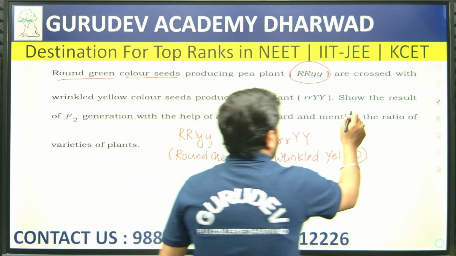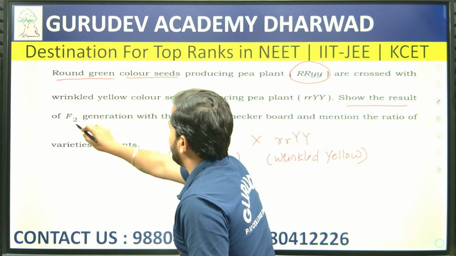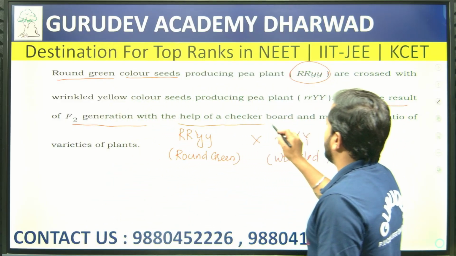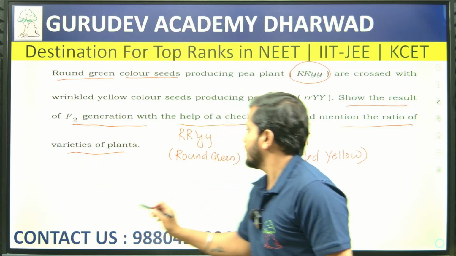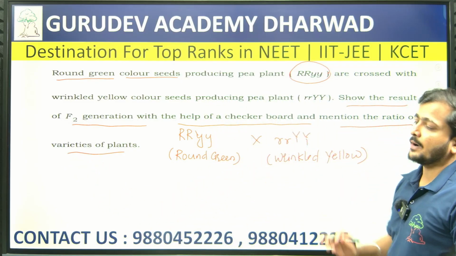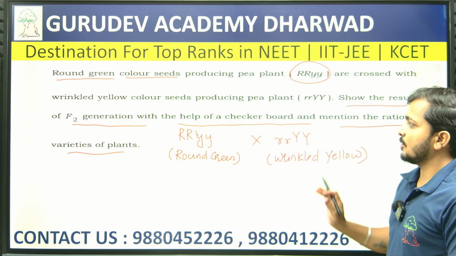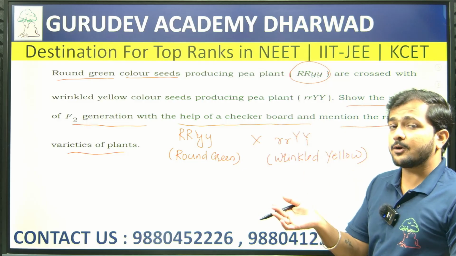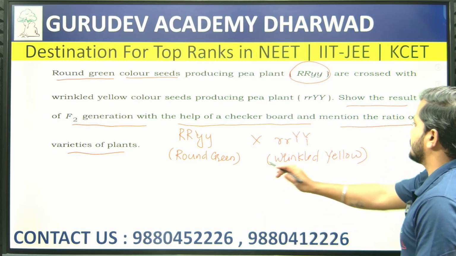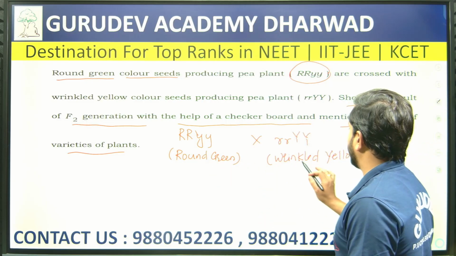Then show the result of the F2 generation with the help of a checkerboard, and mention the ratio of varieties of plant. So overall we have to find out the checkerboard. First we are going to obtain the F1 generation, then we go for the F2 generation. Remember round green, wrinkled yellow.